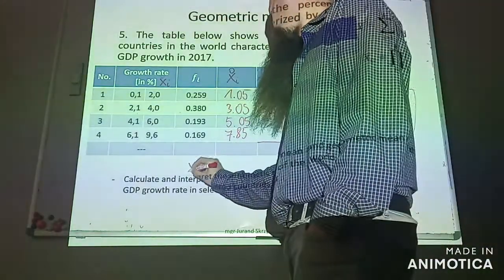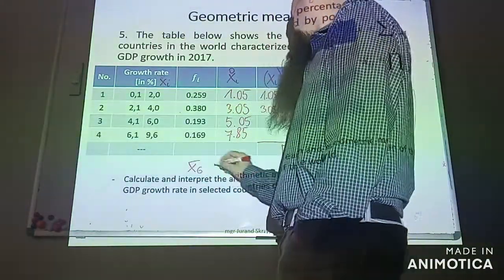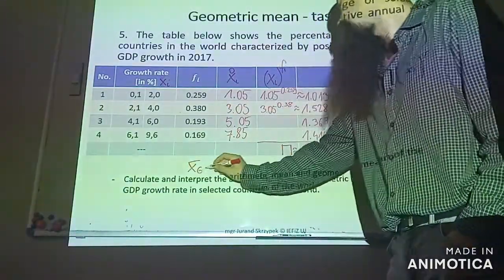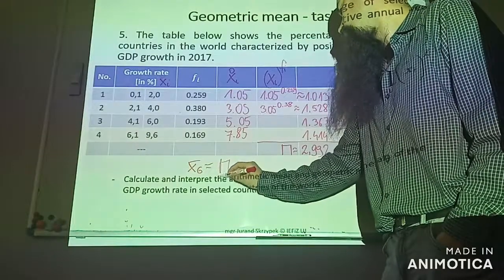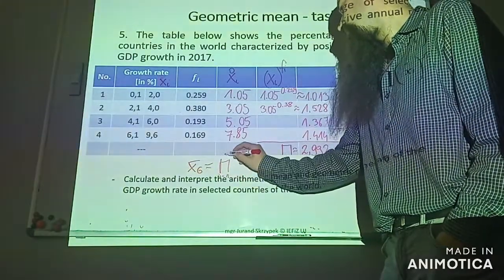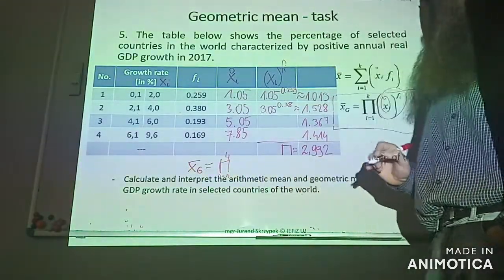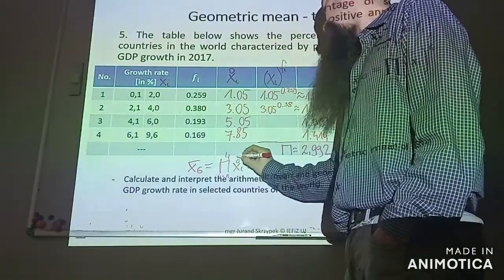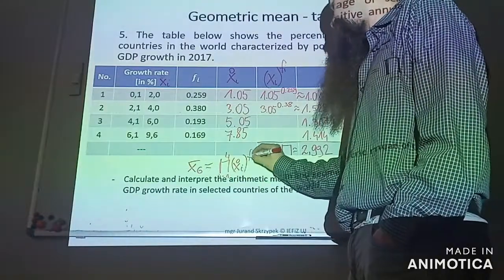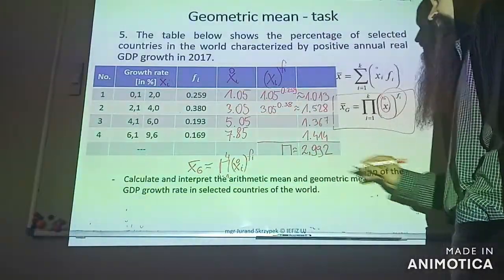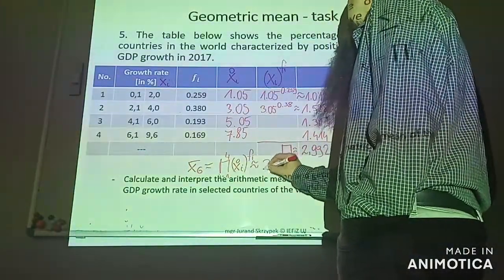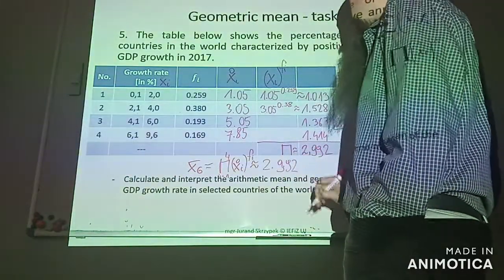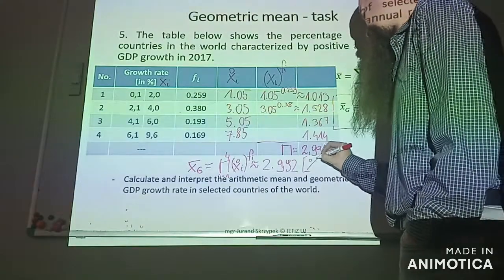So, the geometric mean is the product from i equal 1 up to 4, because we have 4 classes, of xi with a circle, the middle of the classes, raised to the power of fi's, and the final result is 2.992%.